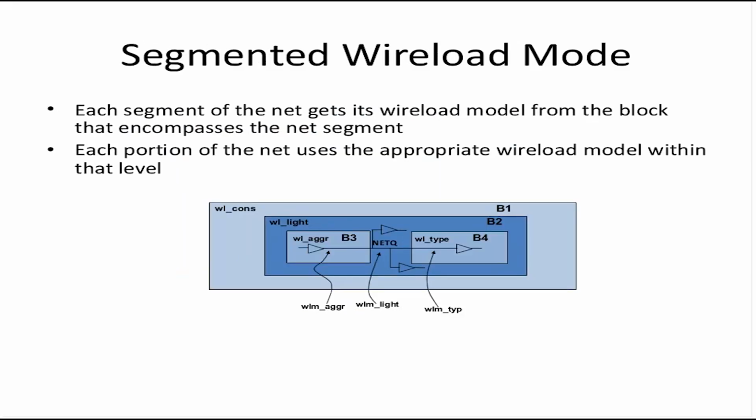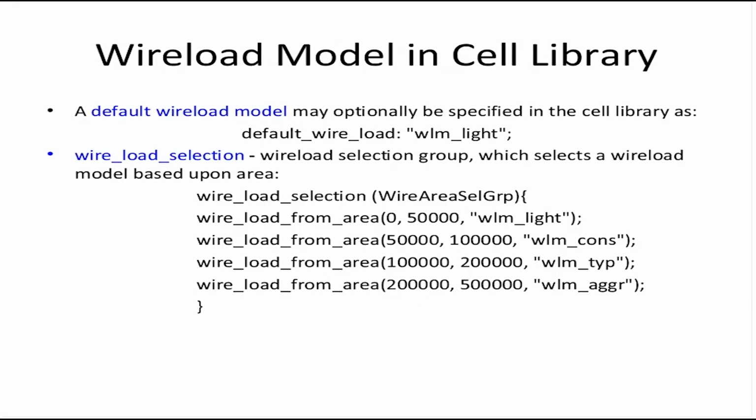The segmented wire load model divides the hierarchical net into segments, and a unique wire load model is used for each segment, depending on the design in which that segment is enclosed. For example, this part of the net is enclosed inside B3, and WL underscore AGGR is used for B3. So WL underscore AGGR will be used for this segment. For the second segment, WL right will be used. For the third segment, WL underscore TYPE will be used. We have already seen this, that's why I went quickly over it. This is how the wire load model is represented in the cell library. We've already seen this in Unit 3.